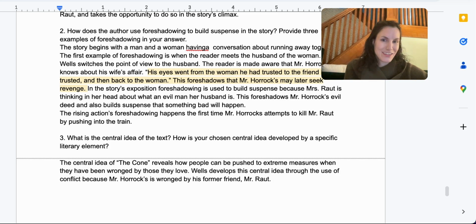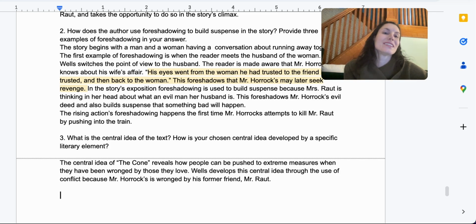Another central idea could be about the use of technology, because that one would also go along with The Stolen Bacillus. So here we have Mr. Horrocks using technology in an evil way, basically, a vengeful way. So you could have a central idea about how people may use technology for unintended measures.